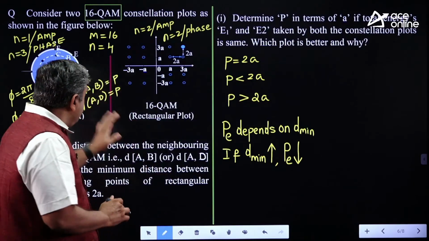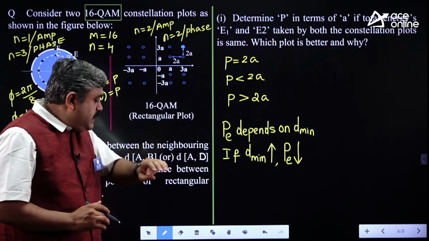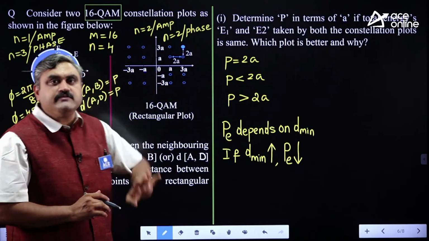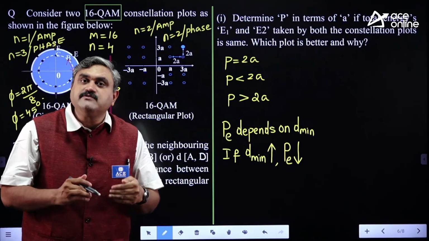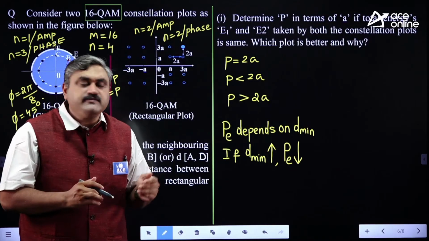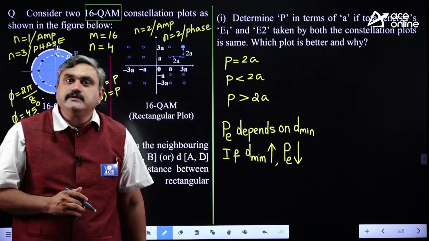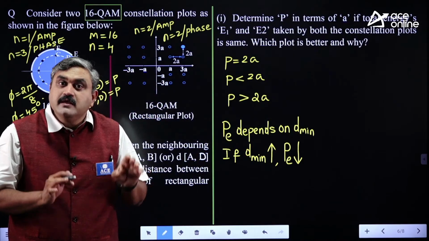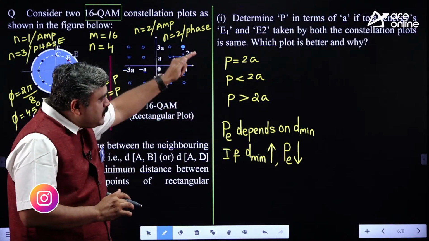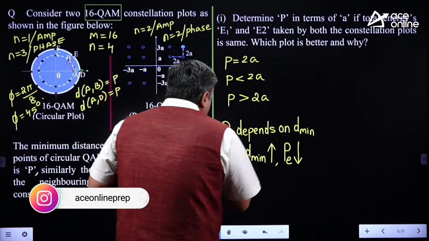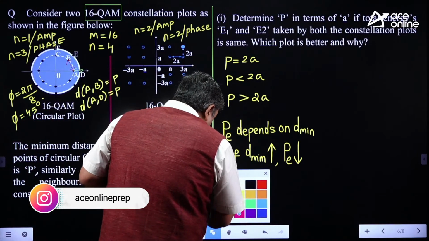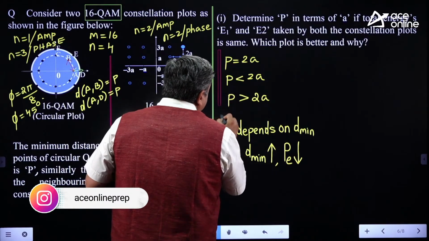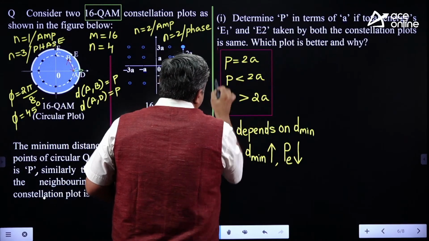The d minimum in the circular constellation plot comes out greater than in the rectangular constellation plot. You prefer transmission using the circular plot because it will generate a lesser probability of error. Got the concept? So this is how you can compare different constellation plots using the concept of d minimum.